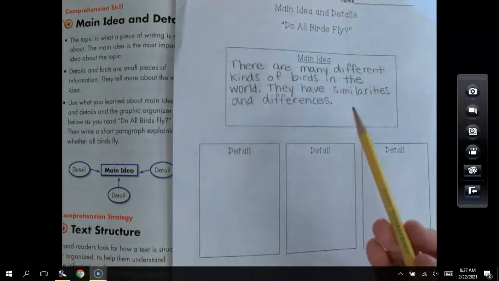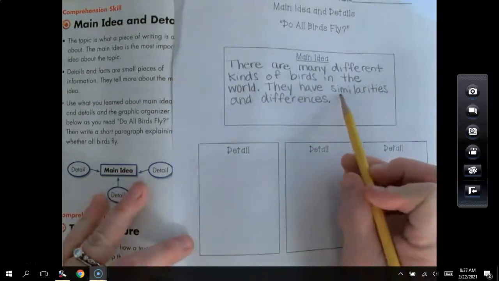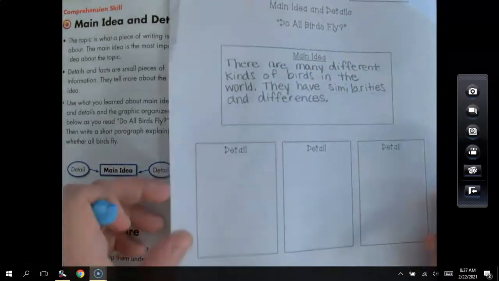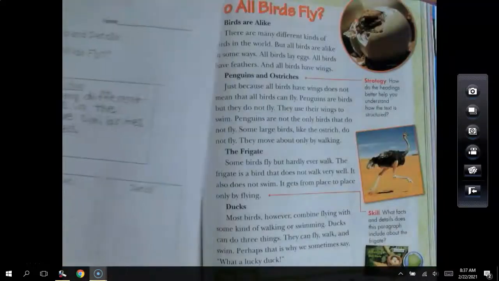We have to tell how they have similarities and how they have differences. Well, if you remember, how are all birds the same? Do you remember? If you don't remember, go back to your story and find out how all birds have similarities. Okay, remember the word similarities also means alike or same. So look for those clue words.